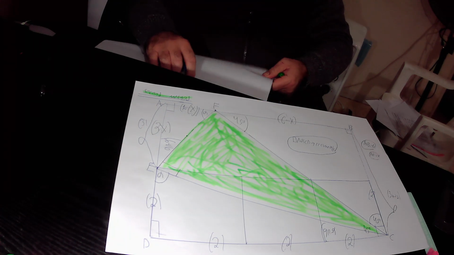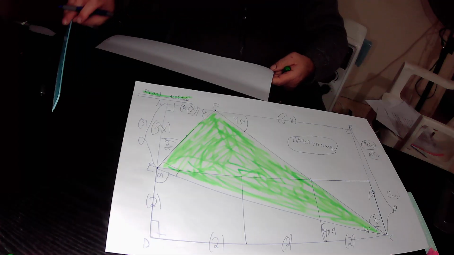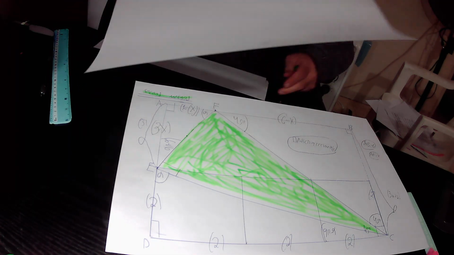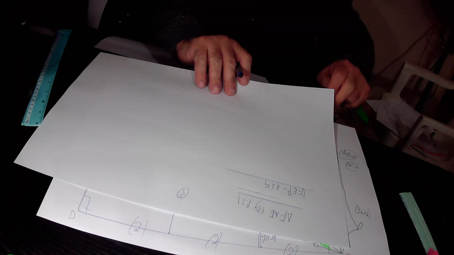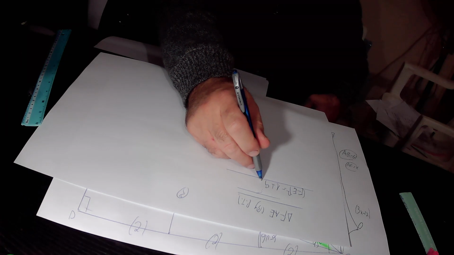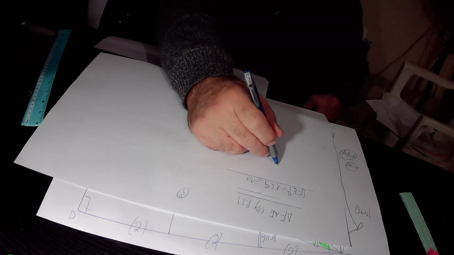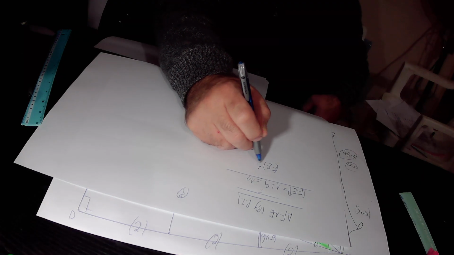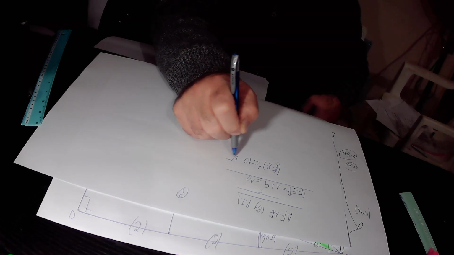So in total, we find out that FE squared equals 1 plus 9, that is 10. So FE squared equals 10. Here we take the root of the equation.